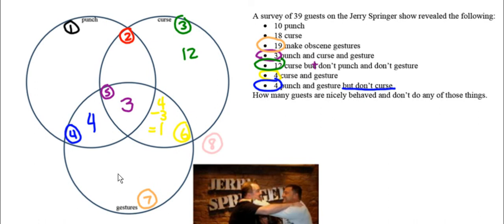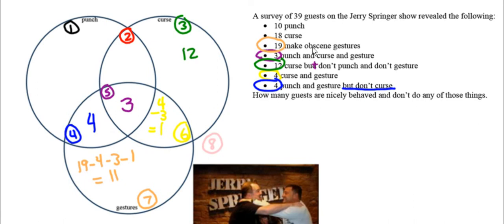So this section here, 7, which is gesture only, would be 19, but then you'd have to subtract the 4 from there, and the 3 from there, and the 1 from there, and that would give you 11.